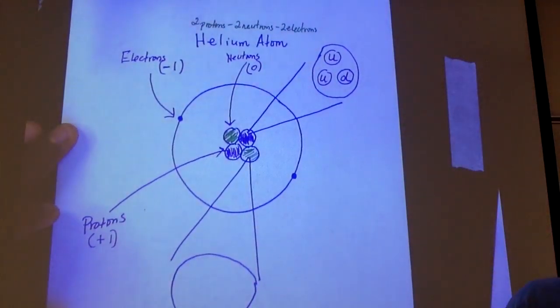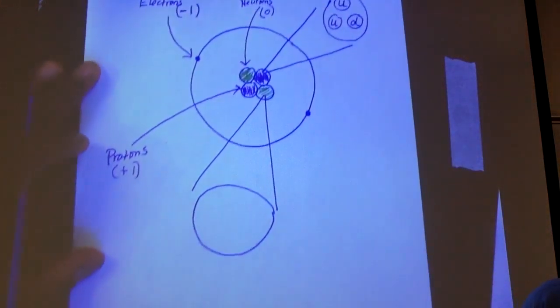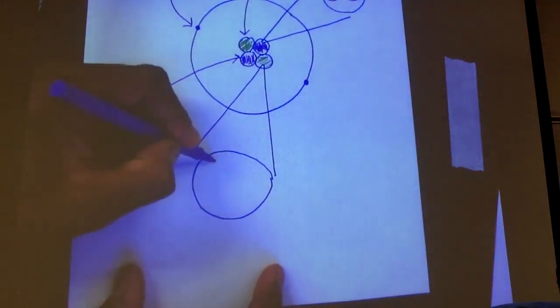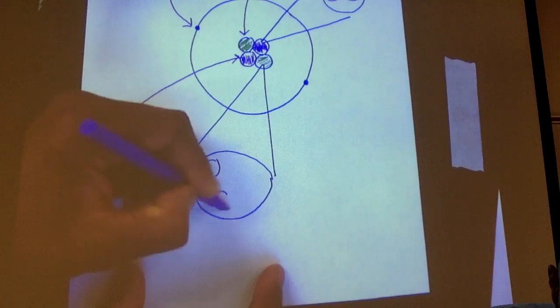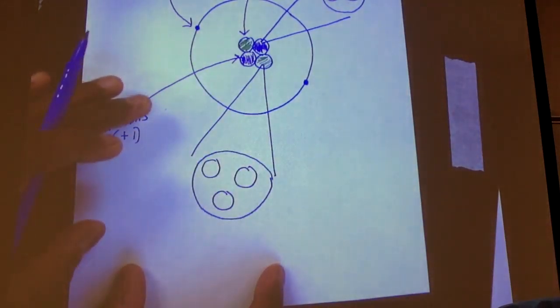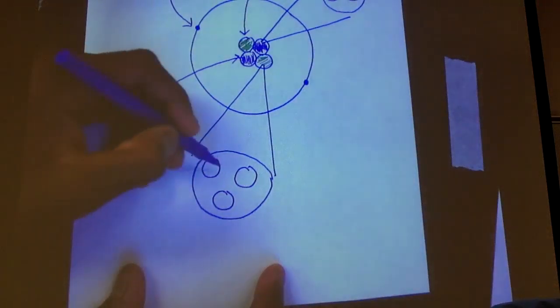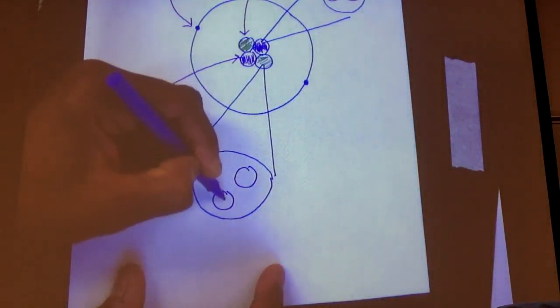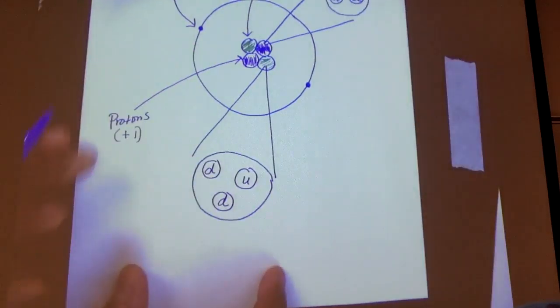Okay? Let's go to the neutron. A neutron should also have 3 quarks, and as far as the configuration, you should have 2 down quarks and 1 up quark.